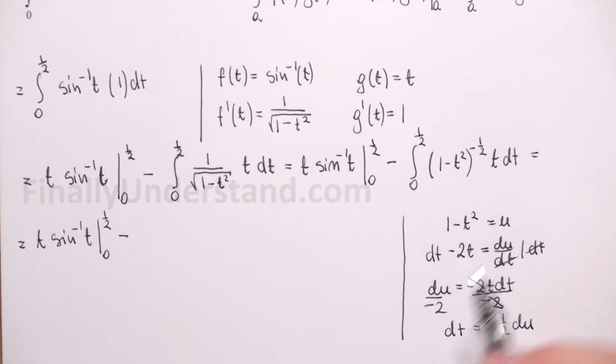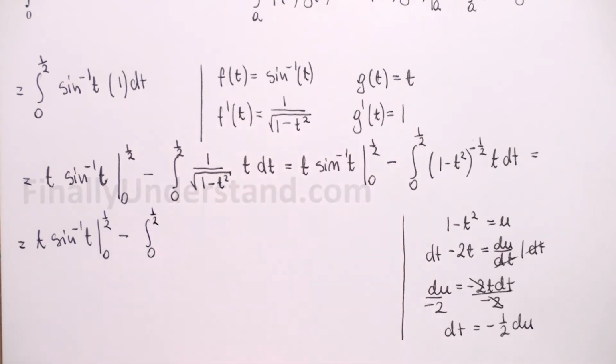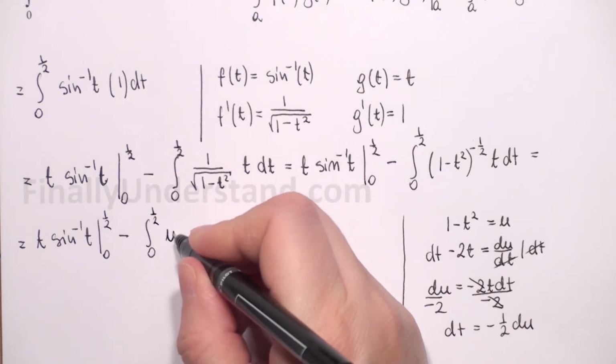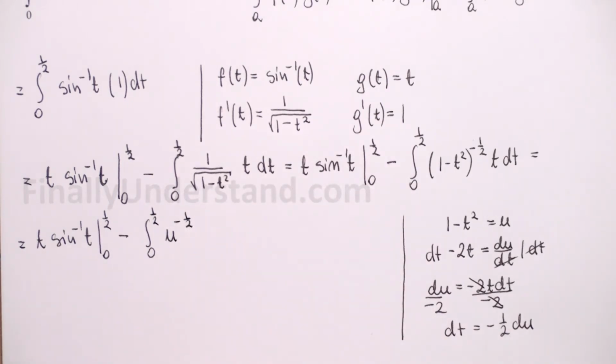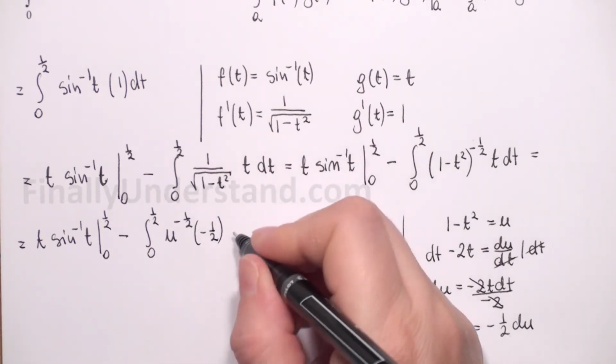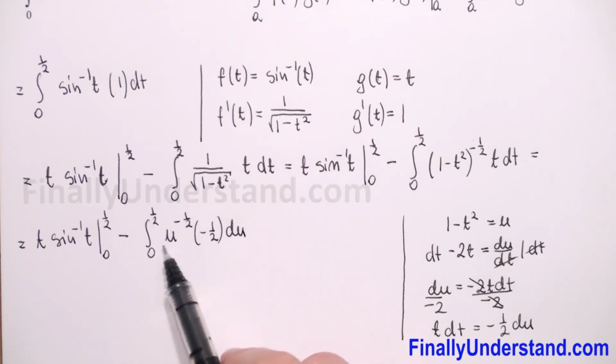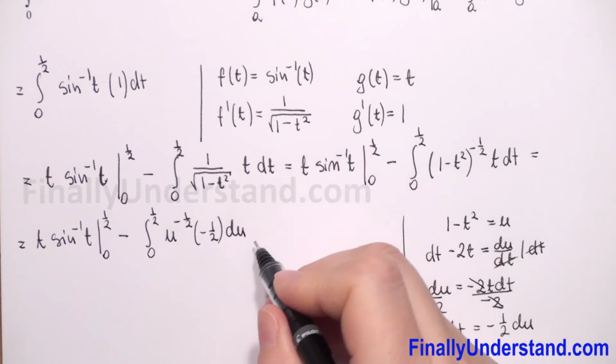So we will have the integral from 0 to 1/2 of 1 minus t squared, which is u, to the power negative 1/2, and t dt is equal to negative 1/2 in parentheses, du. Because I didn't change the limits, I have to come back to t at the end.